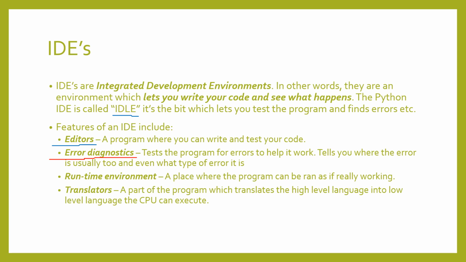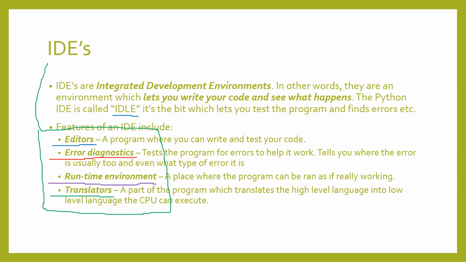There's something called a runtime environment, which is a fancy way of saying a place where you can see your program working. That's in an IDE as well. And then, of course, the translator, where it converts our high-level language, say Python, into machine code. So all four of those parts appear within an IDE. And that is you prepped for your test.